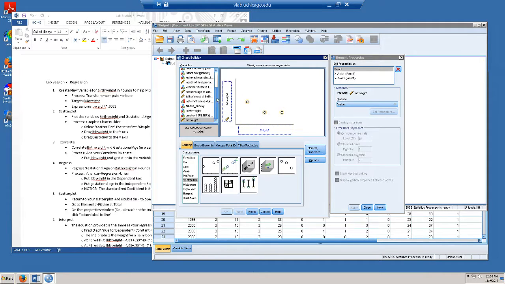and the x-axis is, we had talked about last week that probably a really important predictor of birth weight is gestational age, so the number of weeks of pregnancy. So we're going to use that one as our x-axis. And we're going to hit OK.